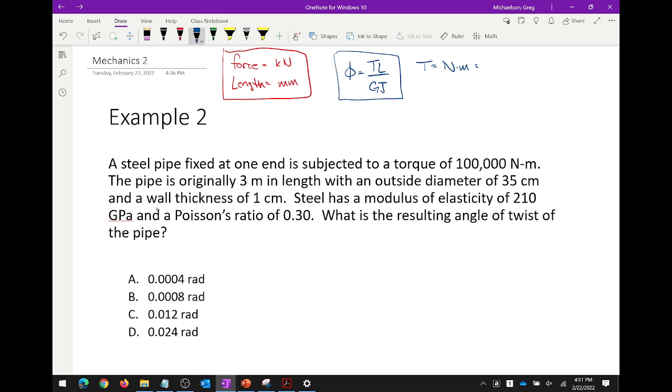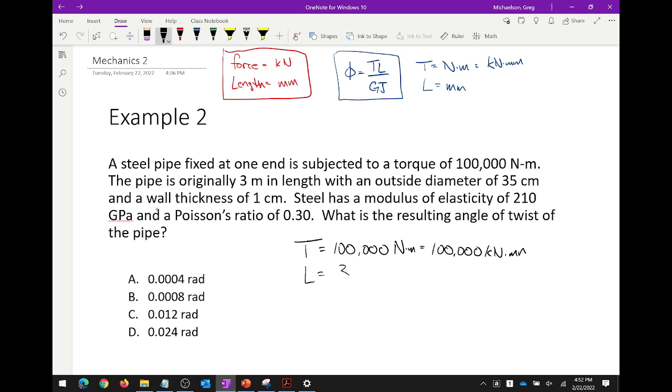That Newton meters is the same as what? Kilonewton millimeters. Exactly. And if that's our base unit, we don't have to do anything with the torque. So the torque was given as 100,000 Newton meters, but that's the same as 100,000 kilonewton millimeters.